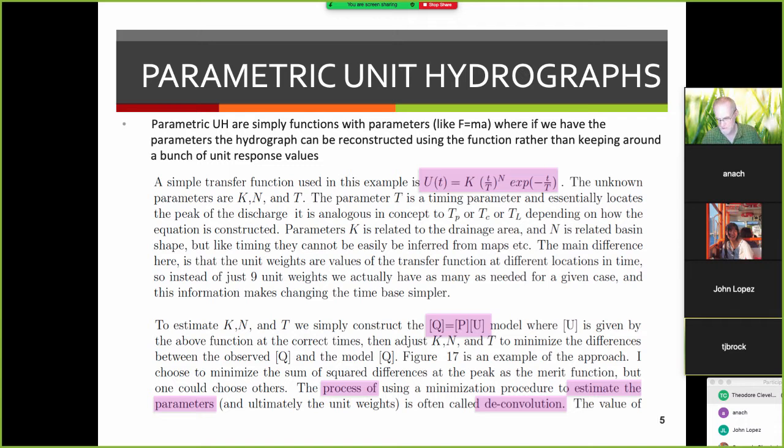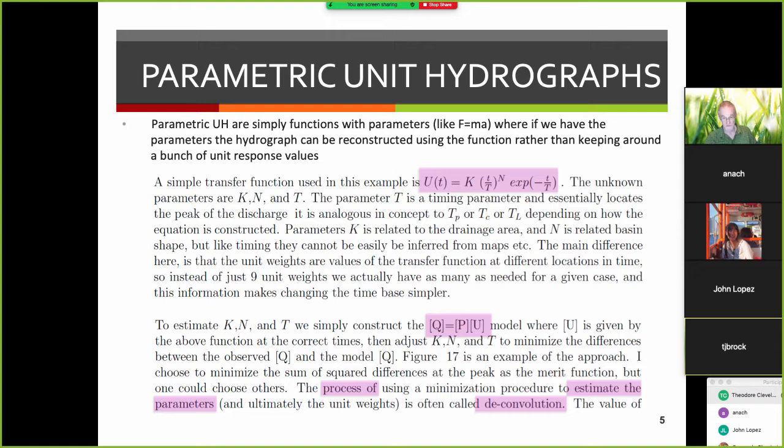It's conceptually analogous to a time to peak or a time of concentration or a basin lag time, depending on how we fabricate that equation. In my writings in the past, I call it a characteristic time. The parameter k is related to the drainage area, and n is related to drainage shape. But like the timing, they're not easy to infer from maps.